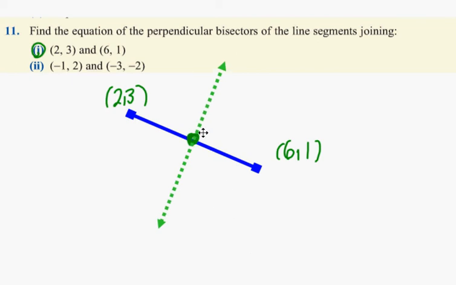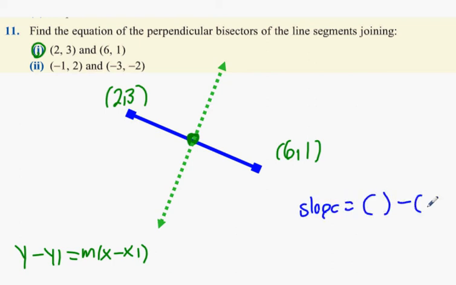Okay. So can anybody tell me how to get the equation of a line for the green line? Okay, you can get the slope. There's no real order as such. We'll get the slope of what line? The blue line or the green line? We're going to get the slope of the blue line. So it's going to be slope equals, x1, y1, x2, y2.